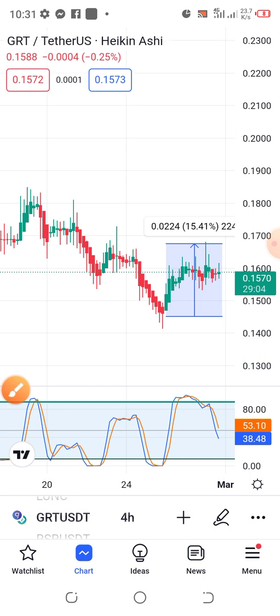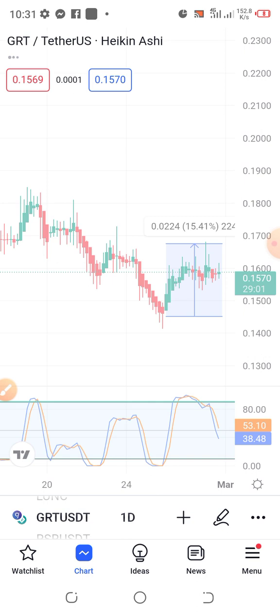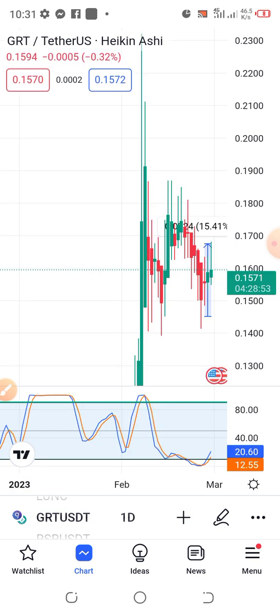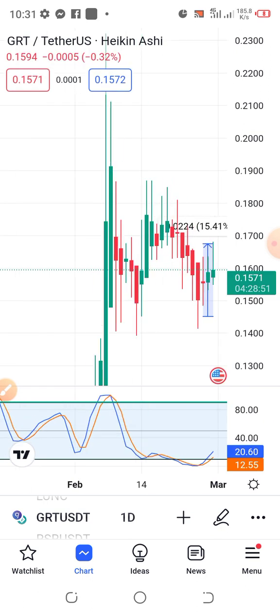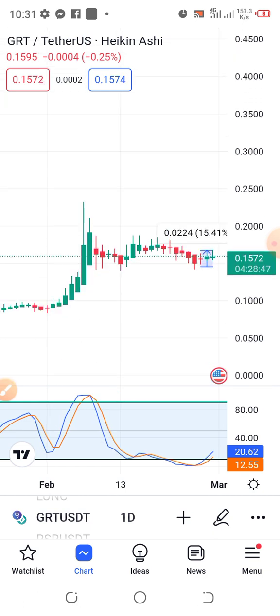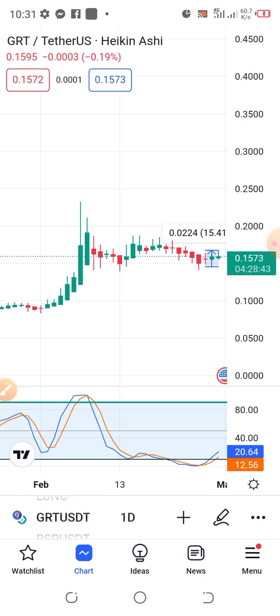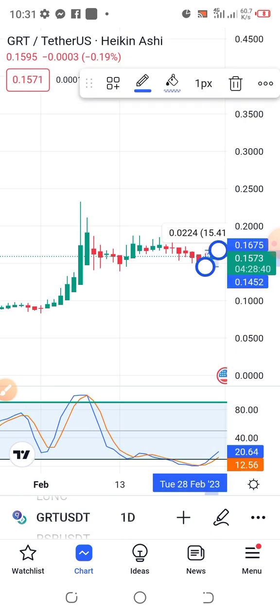In this case, I normally consider the 1 day time frame. Then after doing those support and resistance levels, you can turn to the lower time frame. When you use 1 hour or 1 day time frame, this is how our chart will look.